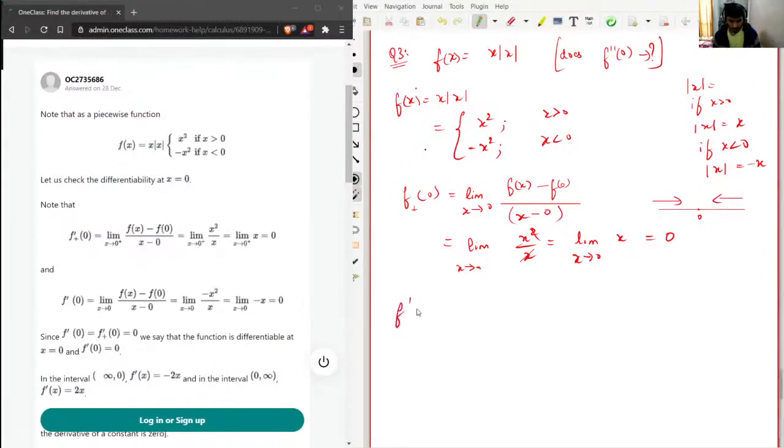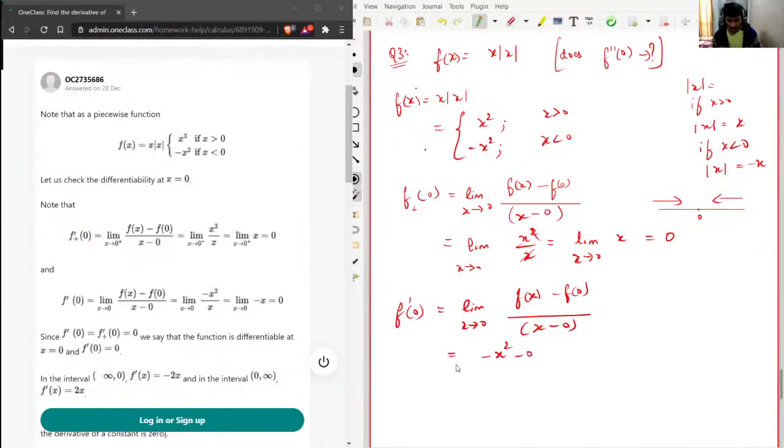So for f prime of 0 from the left hand side, I'll write limit x approaching 0, again f of x minus f of 0 over x minus 0. f of x now will be minus x square, and f of 0 will be 0.